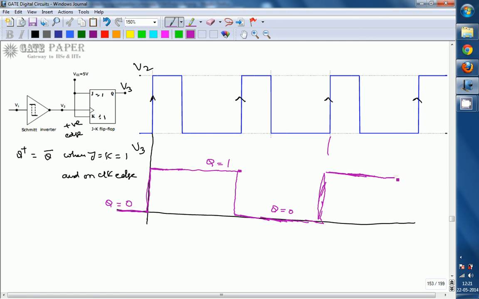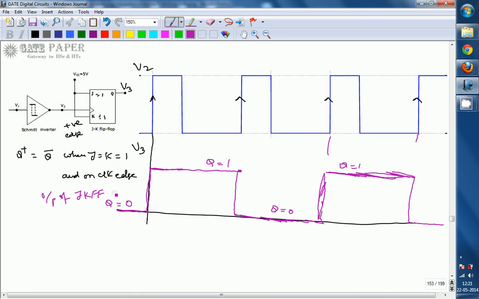So it goes to 1 and maintains that 1. So Q is equal to 1 now. Next, this 1 will become 0 only on the next positive edge. So on the next positive edge it will go towards 0. So this is the output of the JK flip-flop.